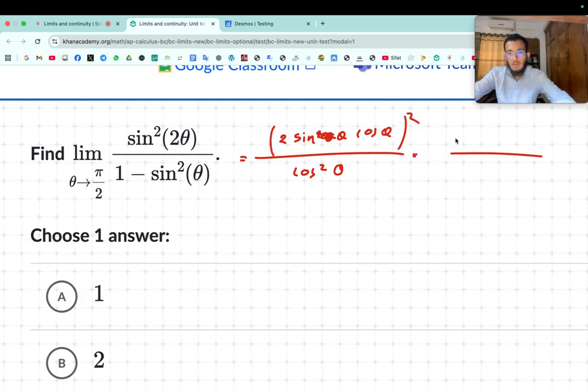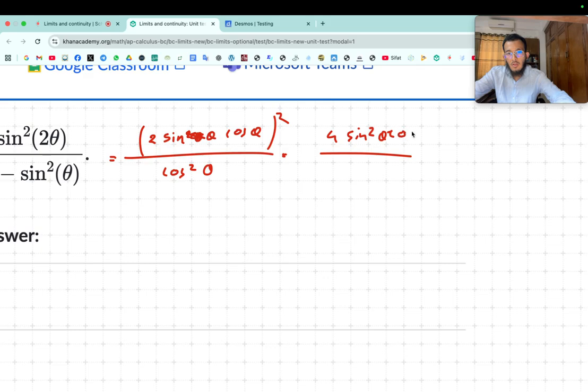So this is 4 sine squared theta cos squared theta upon cos squared theta. Cos squared theta cancels. We have 4 sine squared theta.